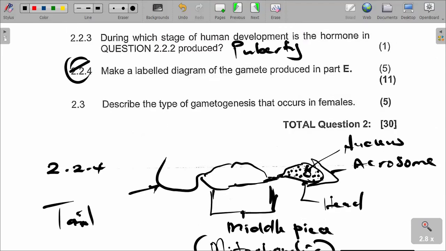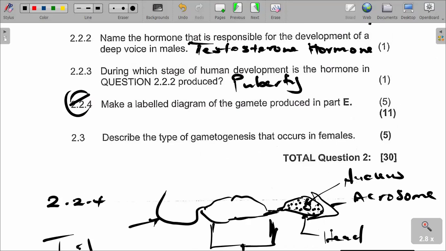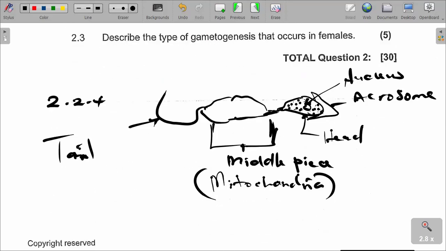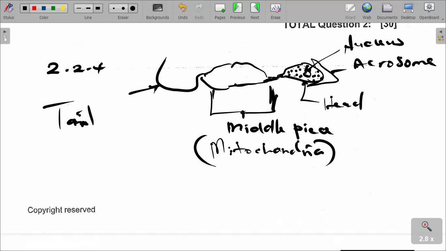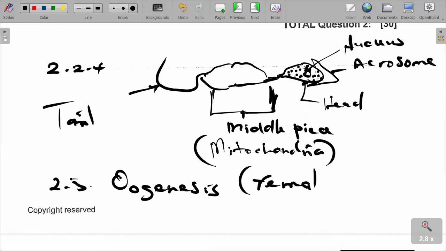And then the next question is saying, describe the type of gametogenesis that occurs in females. They want you to talk about oogenesis. Describe oogenesis, 2.3. That is, we are saying in female. That's what they want you to describe here. Describe the oogenesis.